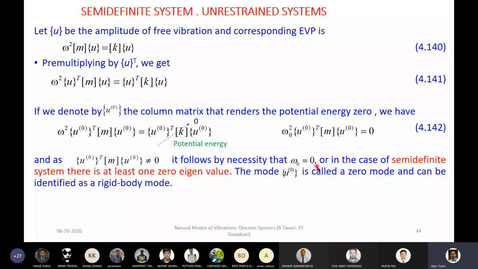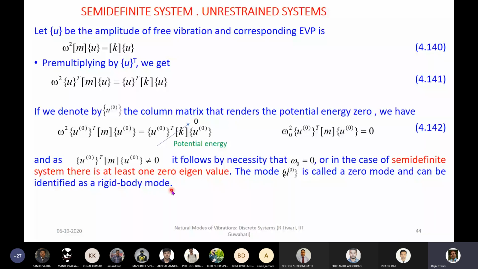So whatever motion we are thinking about, which makes the potential energy 0, is possible only when we have the natural frequency 0. And this is the characteristic of the semi-definite system, that at least one of the eigenvalues will be 0. Sometimes maybe two eigenvalues can be 0. And this U naught, which we assume, is called the zero mode, often called the rigid body mode.